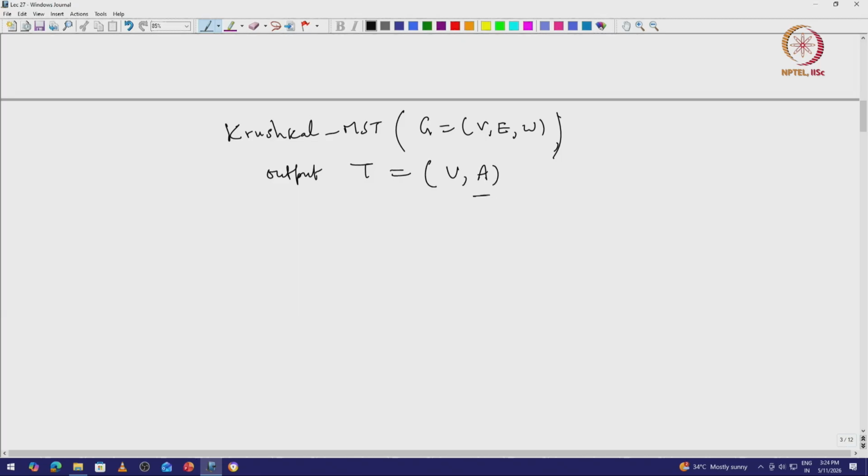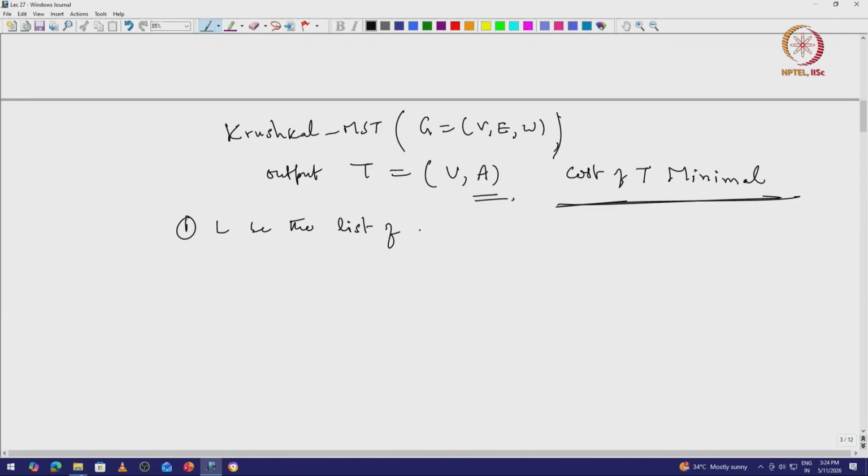Let's call this A. So, step 1: let L be the list of all edges arranged in increasing order.